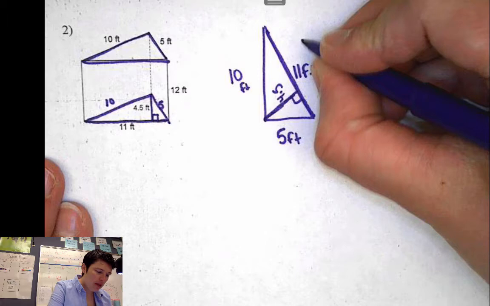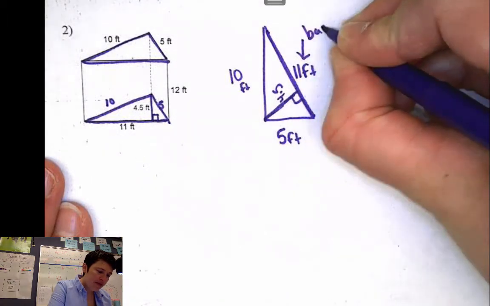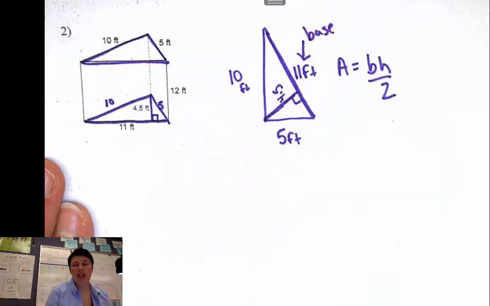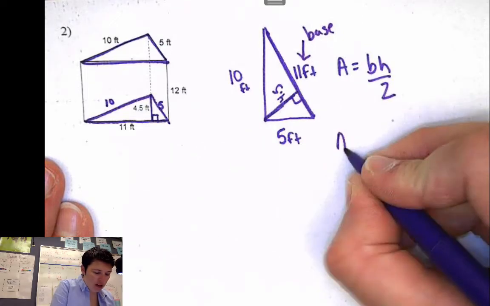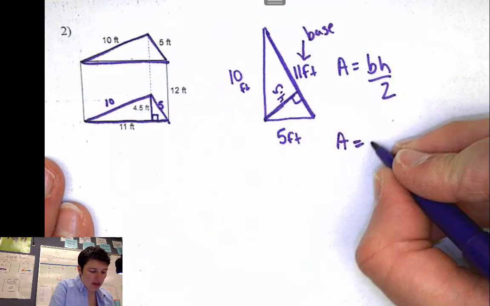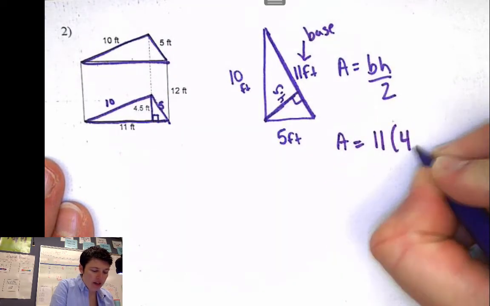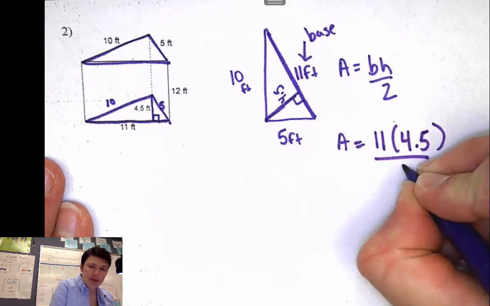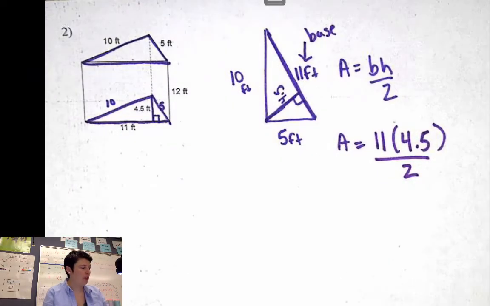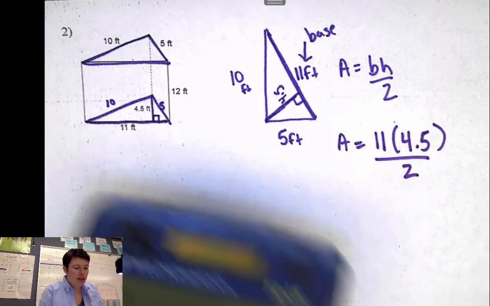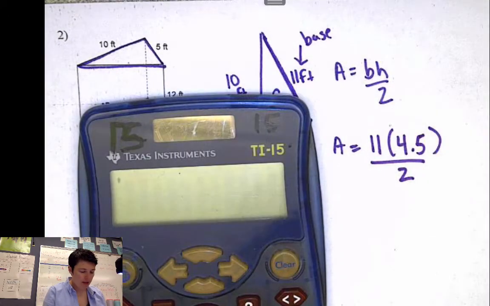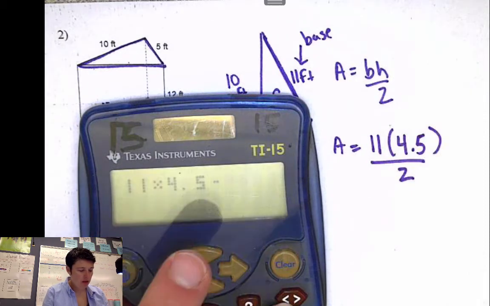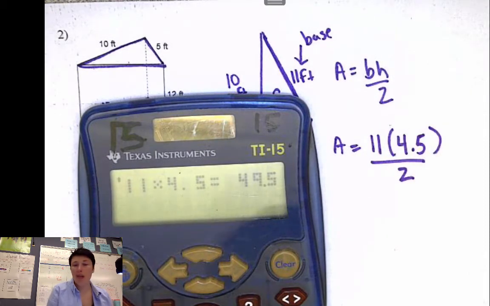So this is going to be our base. And our height's going to be where the 90-degree angle is. So the area of this triangle, let's figure this out. Base times height, so it's going to be 11 times 4.5, and then divided by 2. And we'll do some quick calculations. Feel free, you can use your calculator if you want. I'm going to do 11 times 4.5. That's 49.5.